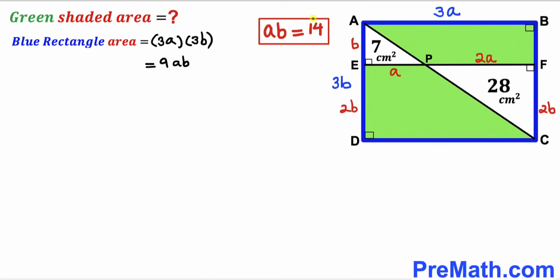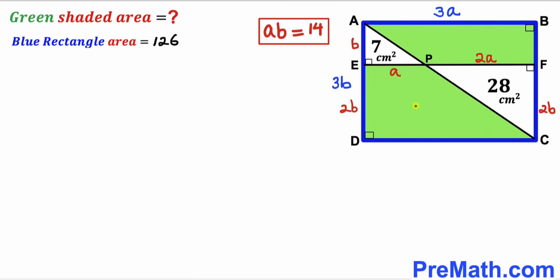We know ab is 14, so substituting, 9 times 14 gives us 126 cm². Thus the area of the blue rectangle ABCD is 126.